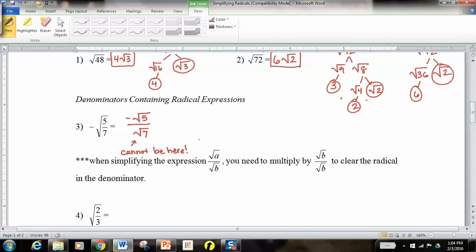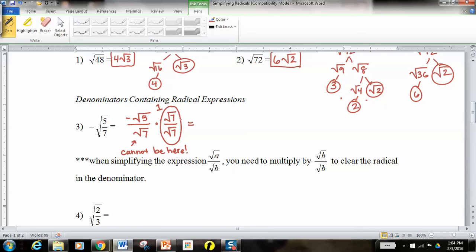The way you get rid of that is to take whatever's in the denominator and multiply by the magic number 1 here. I call it the magic number 1 because we're going to multiply by root 7 over root 7. This whole thing is equivalent to 1. And when you multiply something times 1, it doesn't change the value.